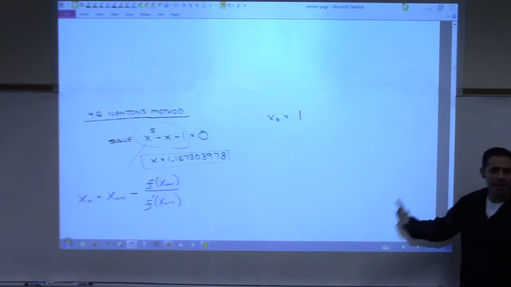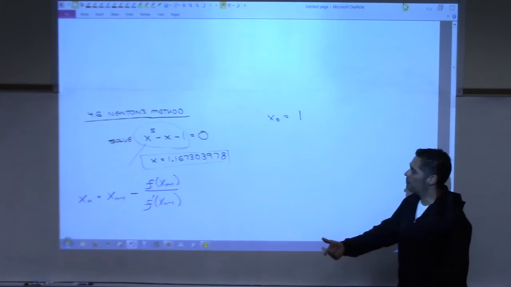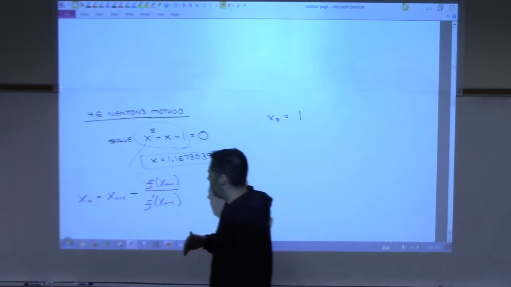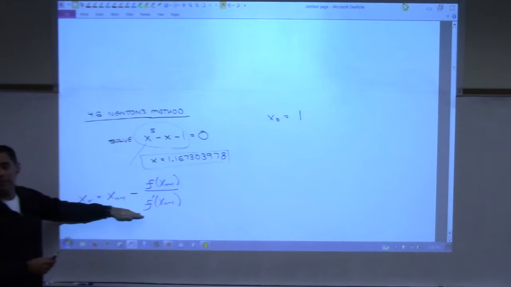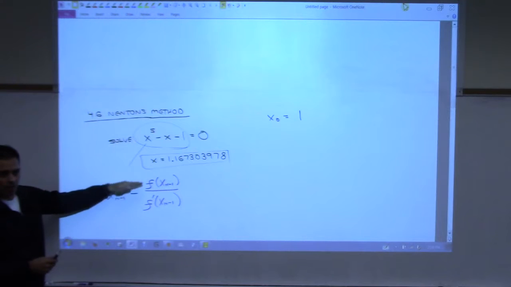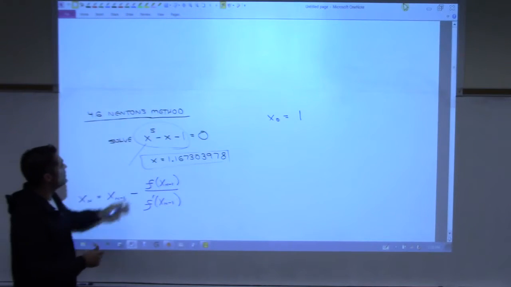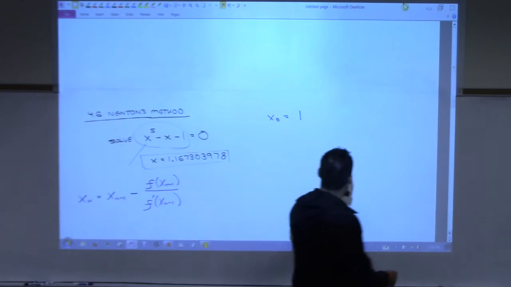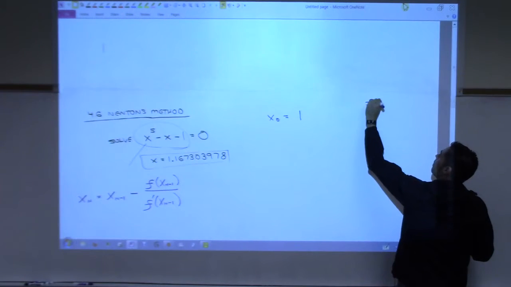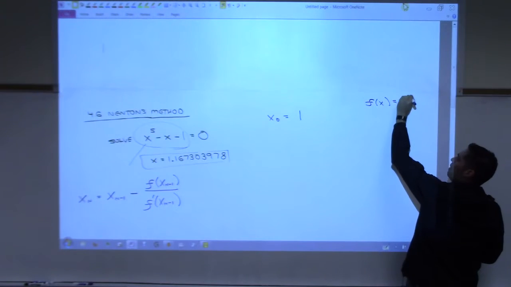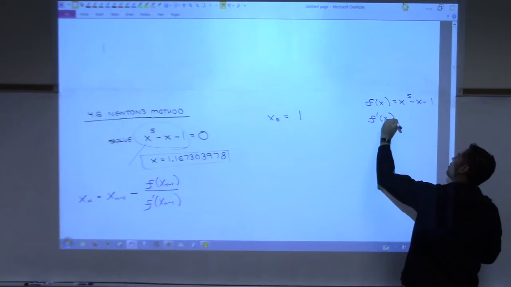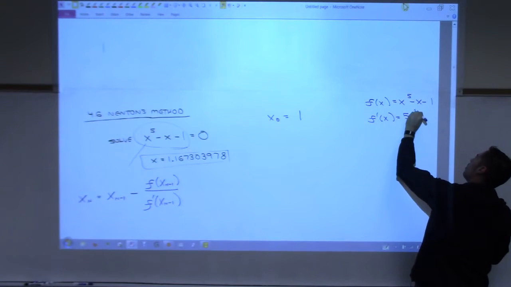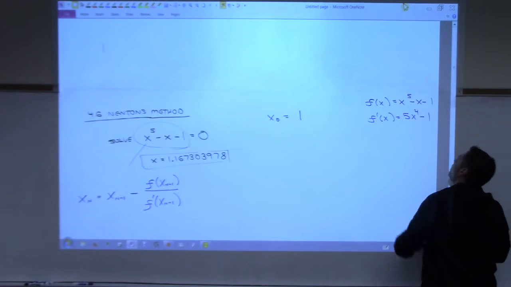Now I'm going to apply Newton's method. For Newton's method, I need two things. I need the original function and I need its derivative. So let's write the derivative of this function down. The original function is x to the 5th minus x minus 1, and the derivative of the function is 5x to the 4th minus 1.